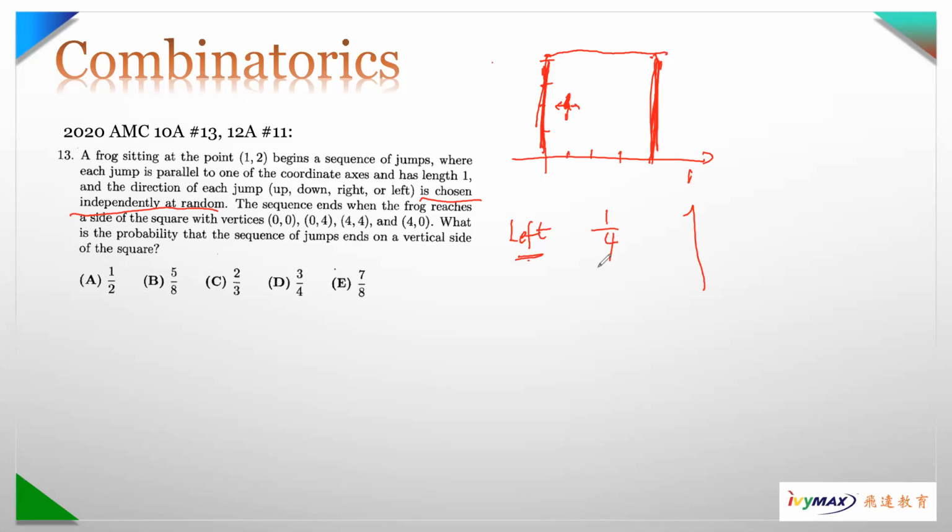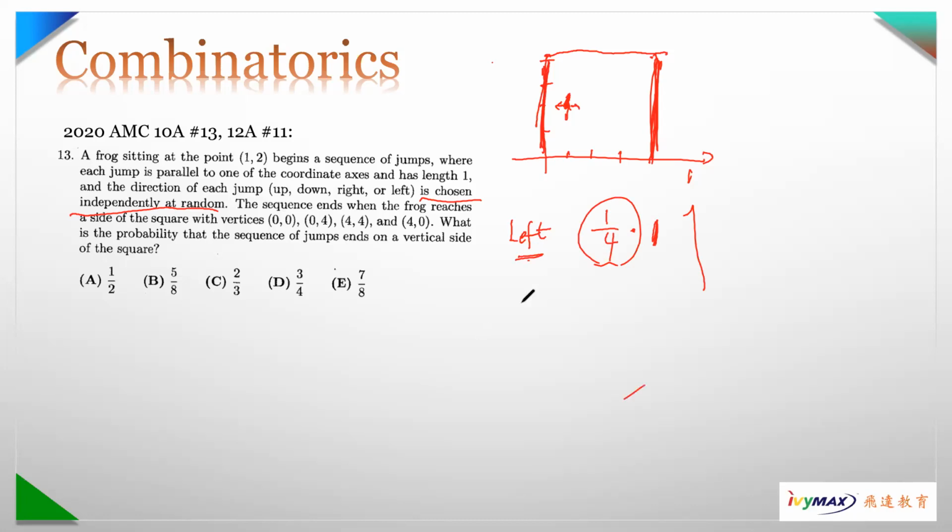If this occurs, the frog has already reached the vertical side, right? So for this case, we already have 1/4 times 1. So they already succeed.